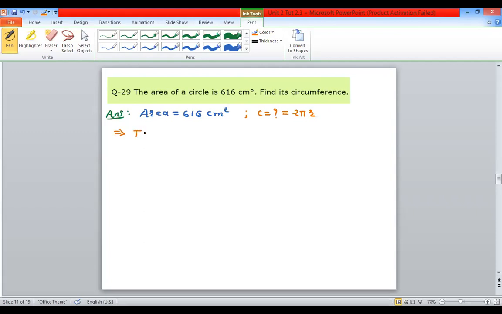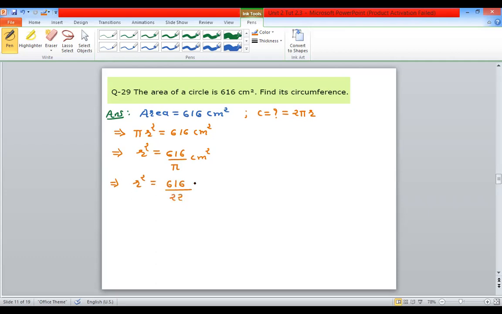The formula of the area is pi r square. It's 616 centimeter square. Look here, this pi is divided by 616 centimeter. Pi means 22 by 7. So 616 equals 22 divided by 7 times r square.